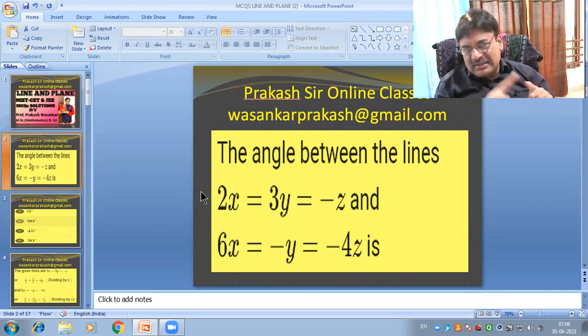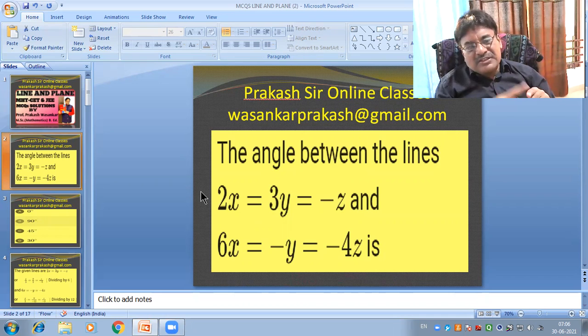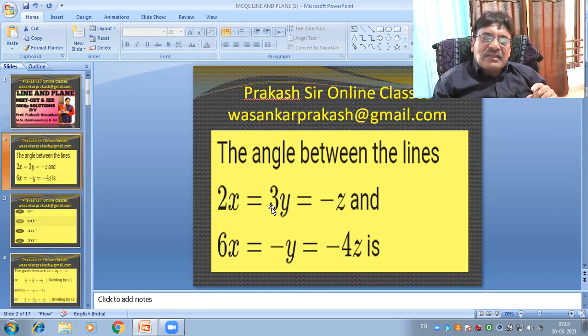Suppose theta is the angle between the two lines, then the formula is cos theta = (a1 a2 + b1 b2 + c1 c2) / (under root a1 square + b1 square + c1 square into under root a2 square + b2 square + c2 square), where a1, b1, c1 are the direction ratios of the first line and a2, b2, c2 are the direction ratios of the second line.